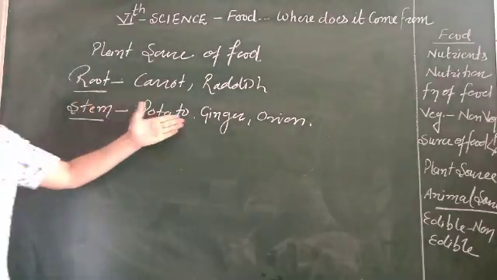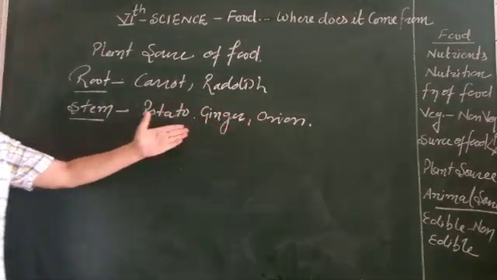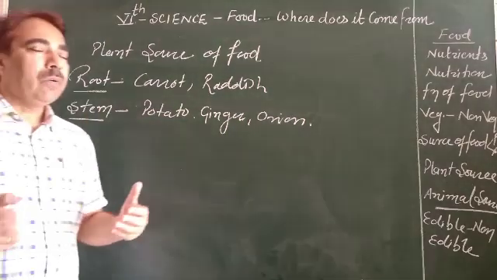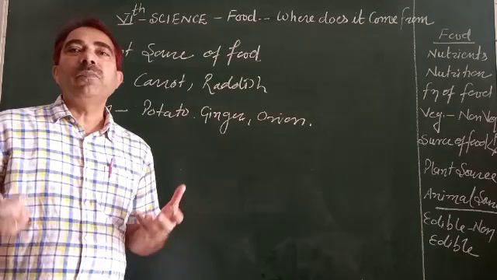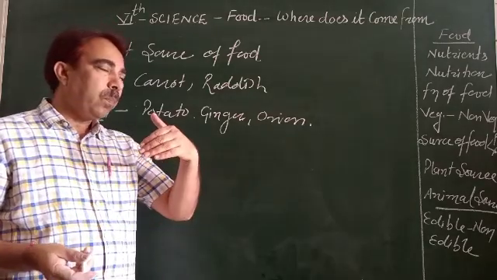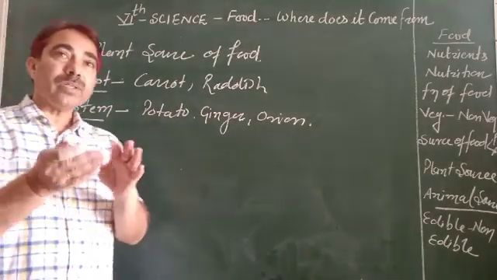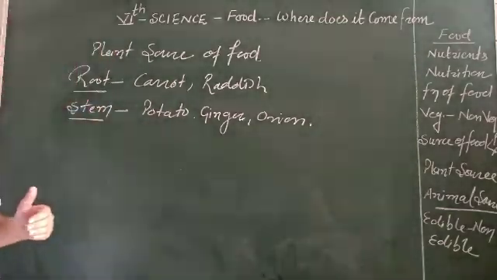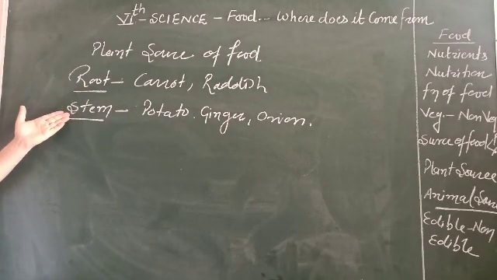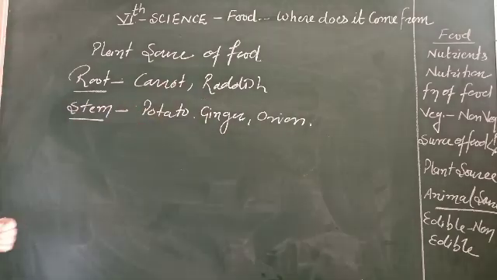They are edible stems. But, for example, we cannot eat the stem of the peepal tree, right? So stems of all plants are not edible. There are some stems and some roots which are edible. So in some cases we consume root, in some cases we consume stem. Stems of potato, ginger and onion are edible.